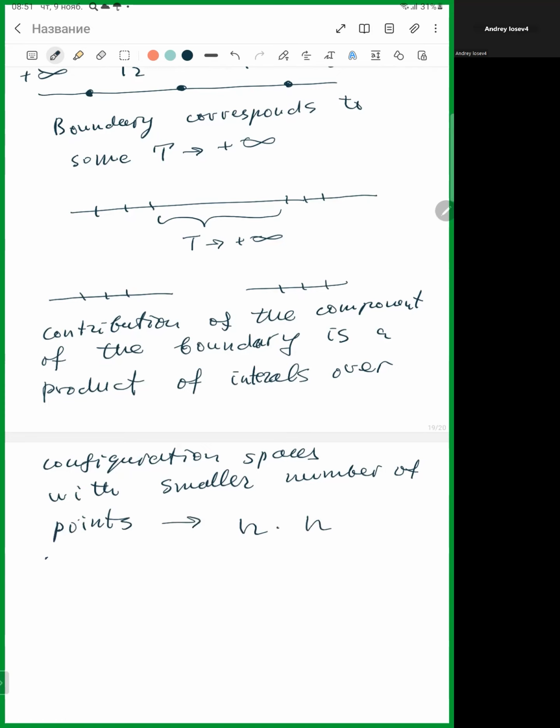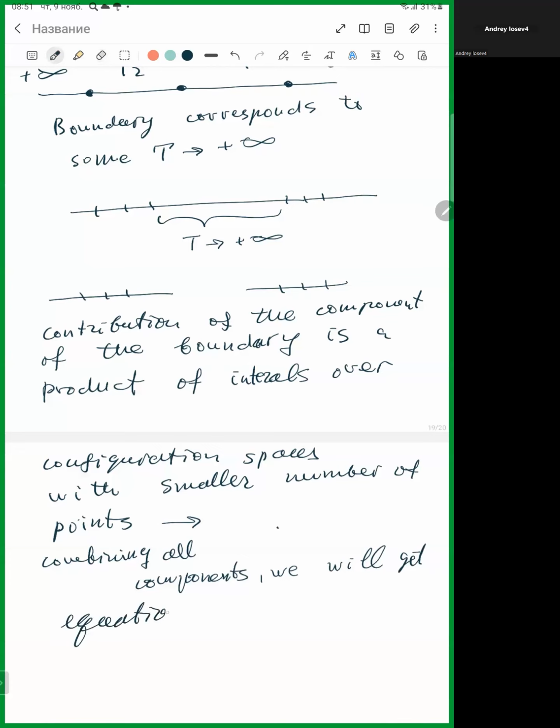If we combine all components, we will get equations like that's how it goes.